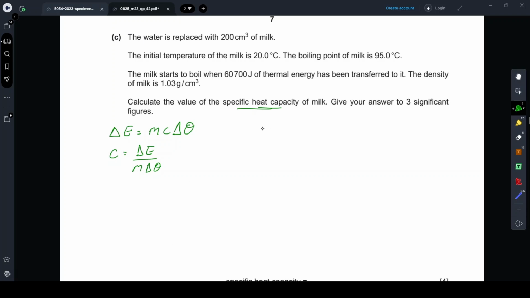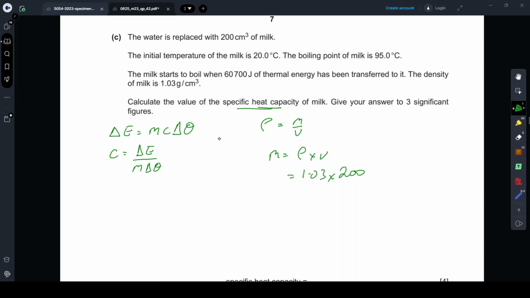Now, next thing is, density equals mass over volume. Ergo, mass equals density multiplied by volume, which is 1.03 multiplied by 200.